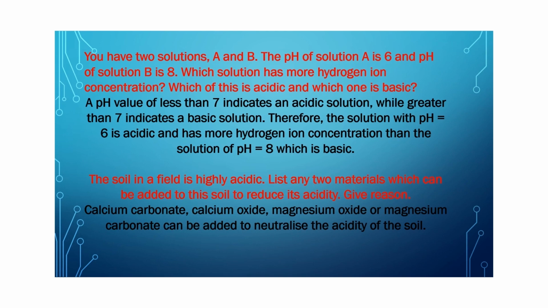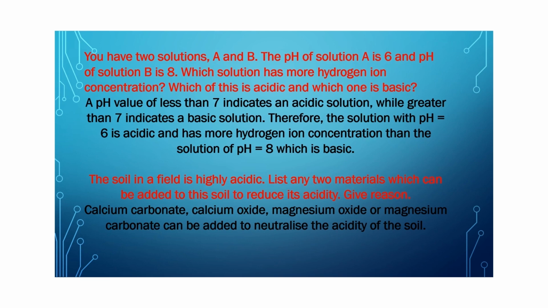Let's discuss another question. You have two solutions A and B. The pH of solution A is 6 and the pH of solution B is 8. Which solution has more hydrogen ion concentration? And which of these is acidic and which one is basic? This is your question. Now the answer, we already know.